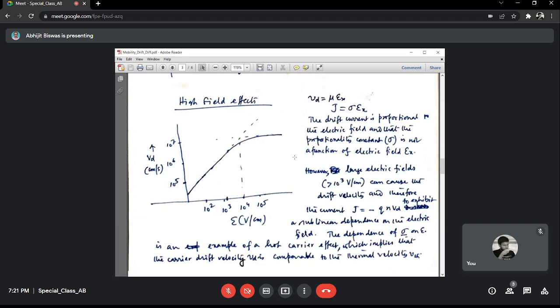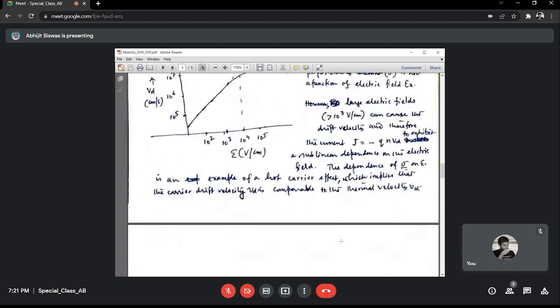Means although the electric field increases, there is no increase in the velocity of the carrier. This can be accounted for by the fact that the rate at which carriers gain energy from the electric field will be the same as the rate at which carriers lose or release energy to the crystal lattice.